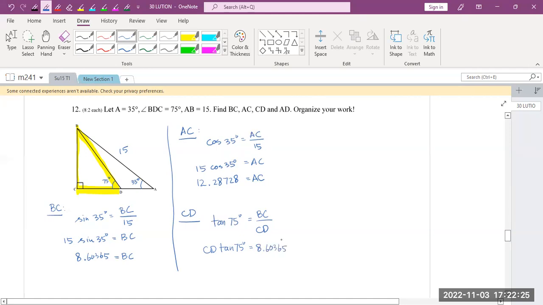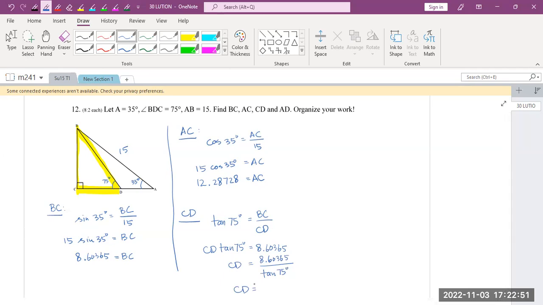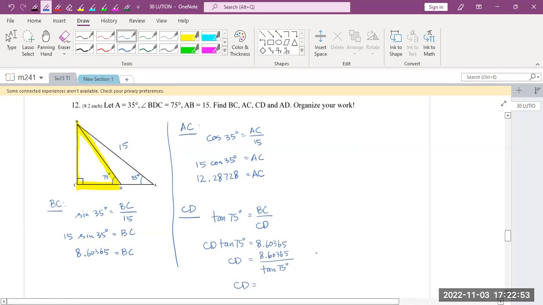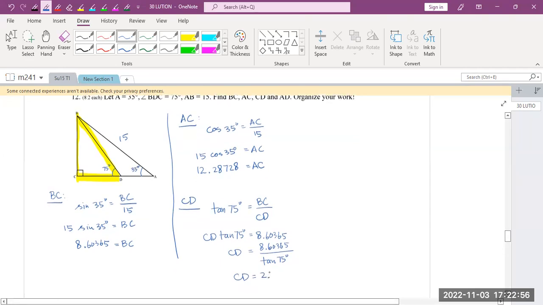So CD equals 8.60365 divided by tangent 75 degrees. That gives me 2.30534.